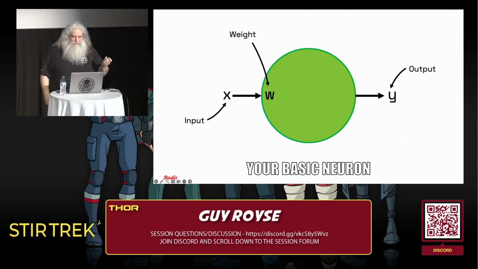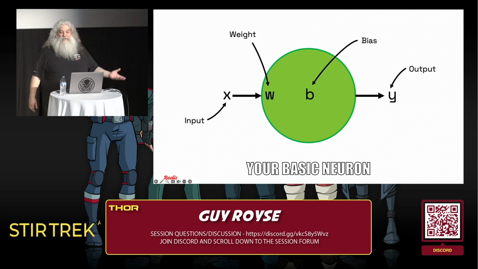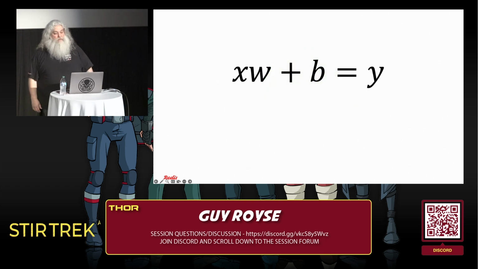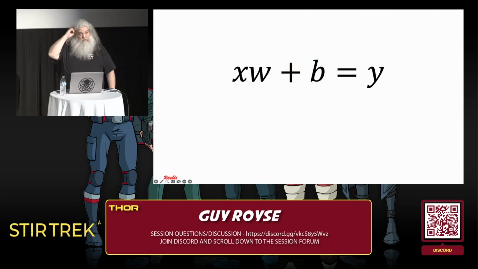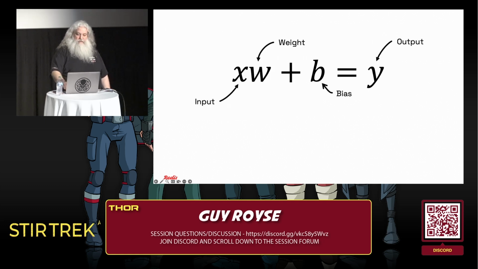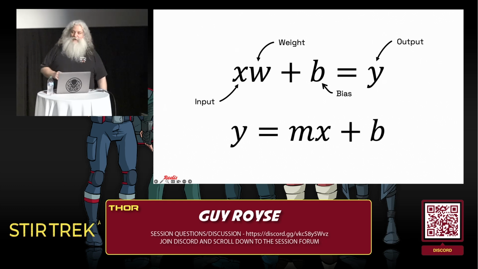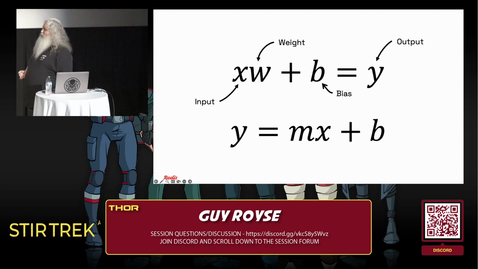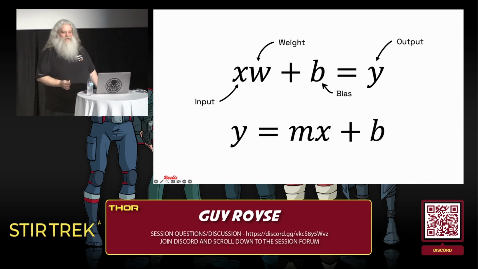And it's got a weight and a bias, and these are all added together and multiplied. So the weight is multiplied by the input, the bias is added, and you get the output of Y. Now, if you're astute, input, weight, bias, and output, you might notice that this is y = mx + b. It draws a straight line. That's what it does.